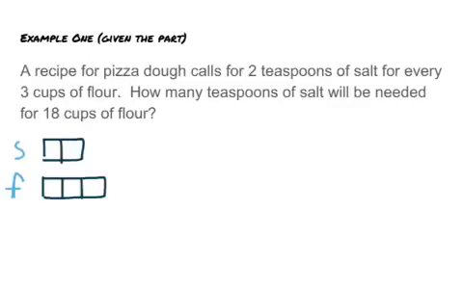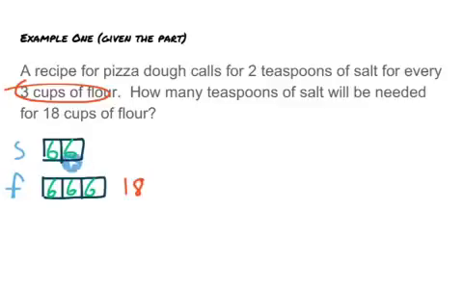Well, let's just look down at our diagram and we understand that this is going to need to be 18, our flour. Well, if that's broken up into 3 parts based on our original ratio, then 18 divided by these 3 parts is going to be 6. Well, since we have this ratio, the 2 parts of salt has to be 6 as well.